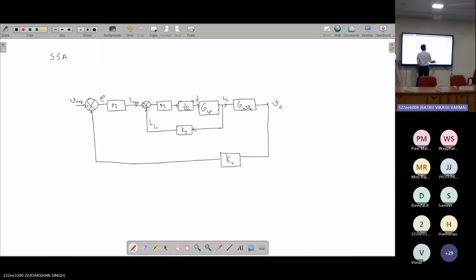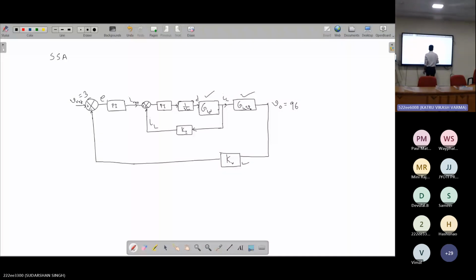We need to find out the transfer function GILD, and the transfer function GILV0. KV we can already find out depending on your output voltage and your V reference. Here we are using 96 volt and the V reference that we are using is 2.3 volt. So you understand what will be the KV.